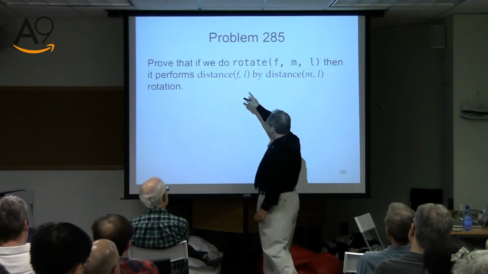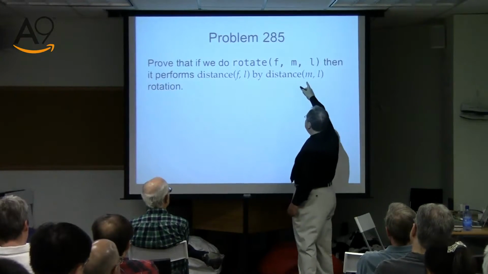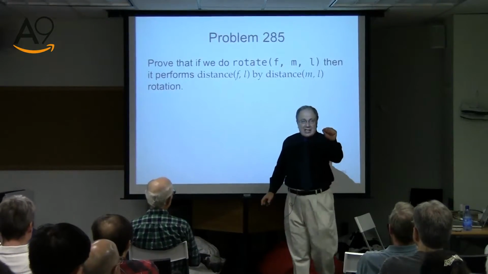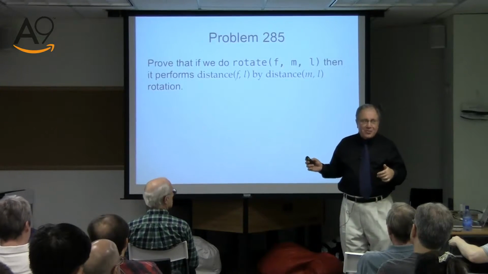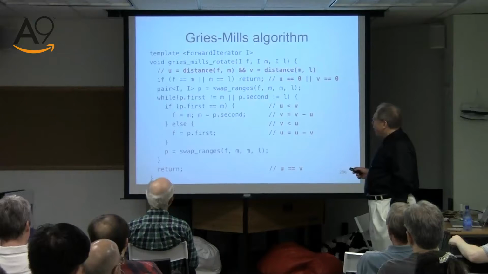This is n, and this is k. The k is the distance from M to L, not the distance from F to M. You're supposed to do it at home, but okay.